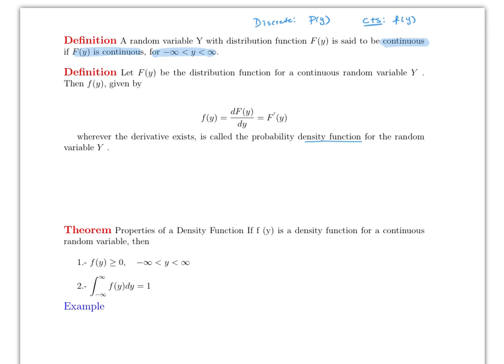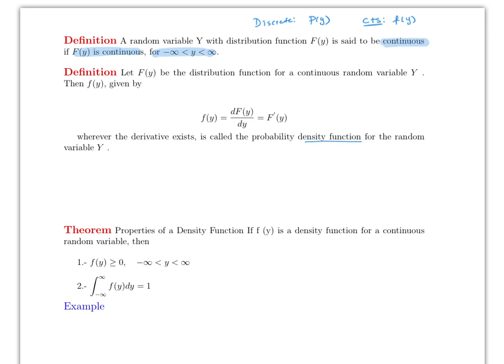This definition is very, very important because you have a distribution function, and the derivative of the distribution function is going to give you the density function, which is the one we're going to use to find probabilities. This is the analogous, or the equivalent, of p of y for the discrete case.